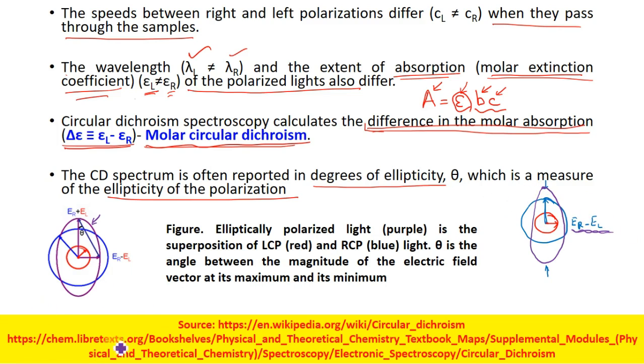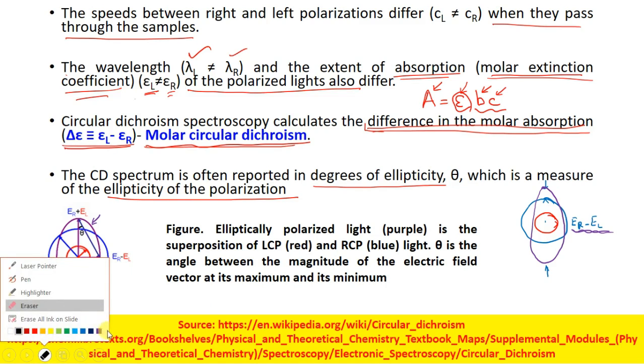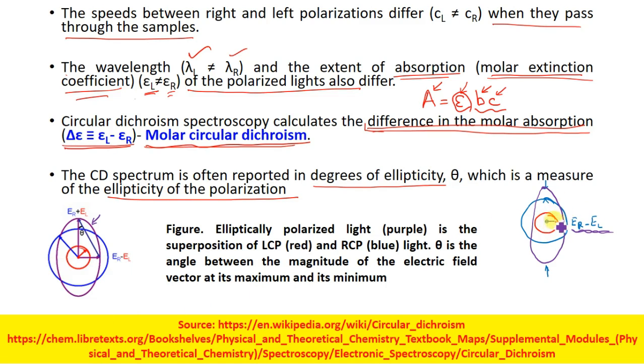So what you have now, you get a theta. What you are getting is ER minus EL, and here at this point you are getting ER plus EL. So it is basically forming an ellipse.